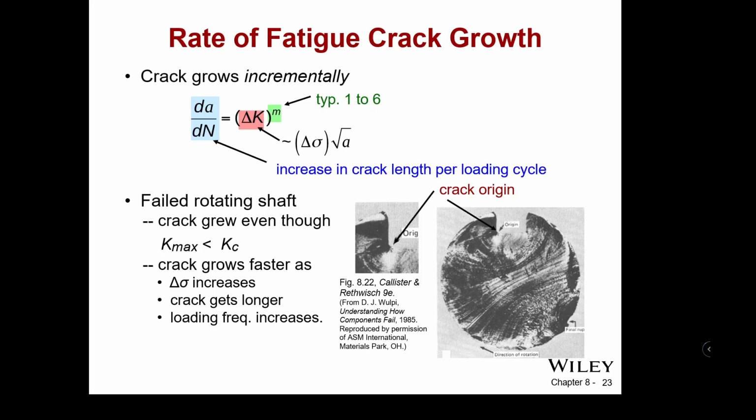In the case of something like this rotating shaft, there was a keyway, and that keyway was the origin of the failure. That keyway was keeping the shaft from rotating inside of whatever housing it was in. And that failed right at the sharp corner of the origin. So the crack grows faster as that change in stress increases.